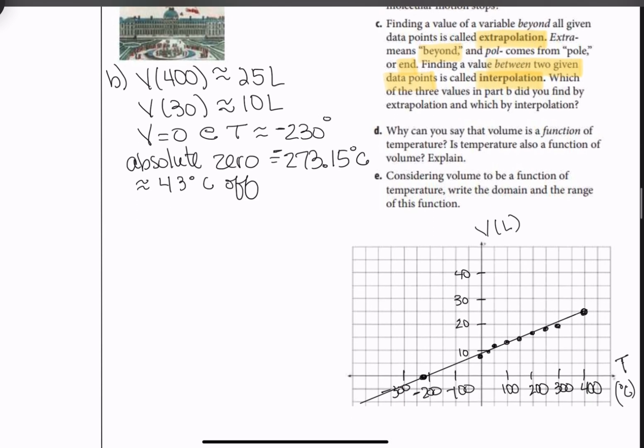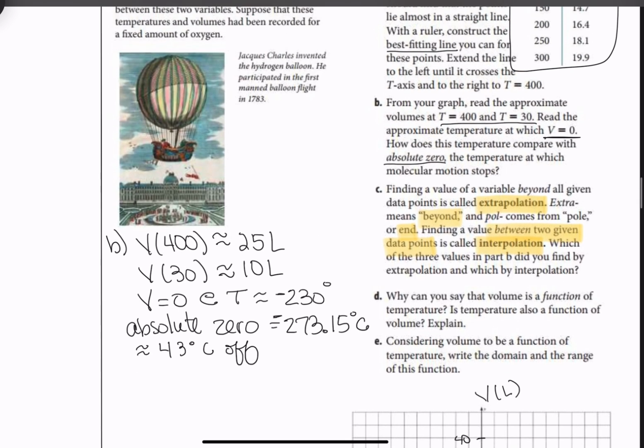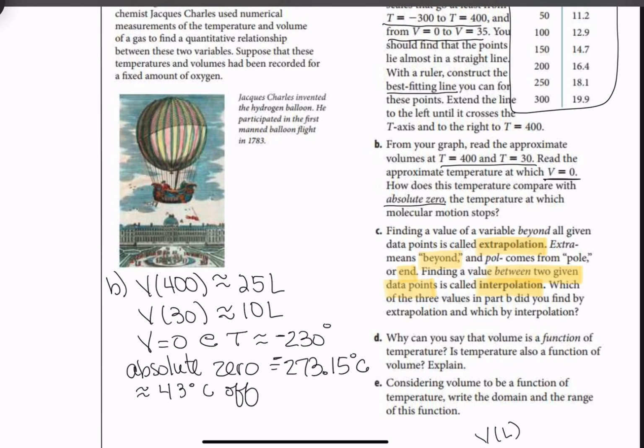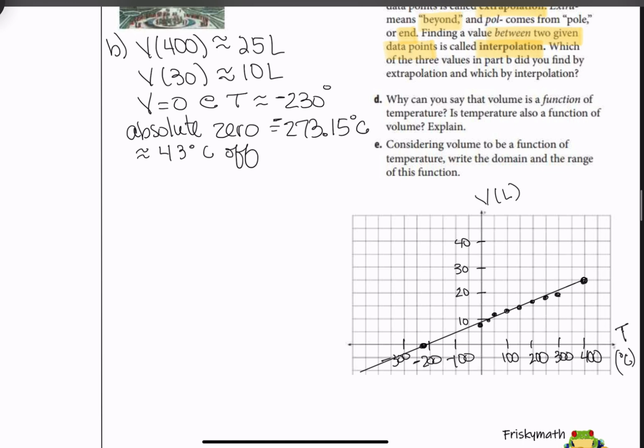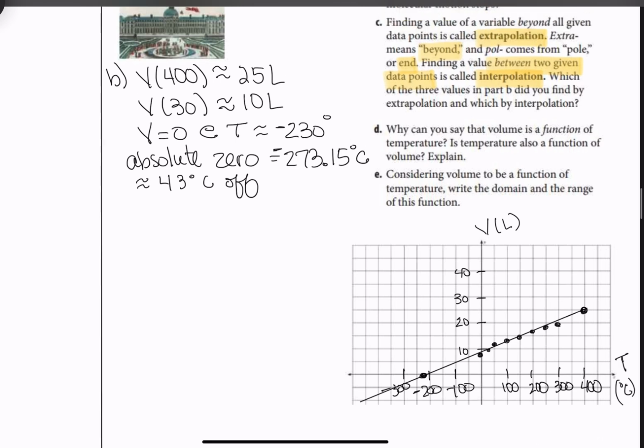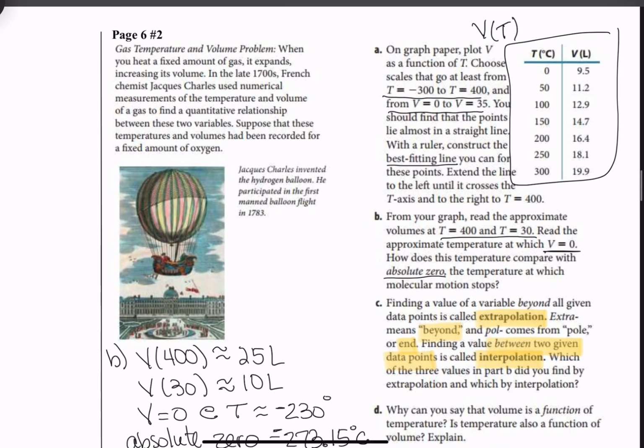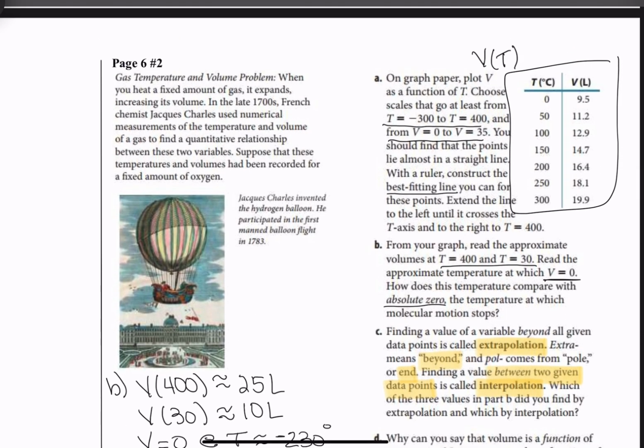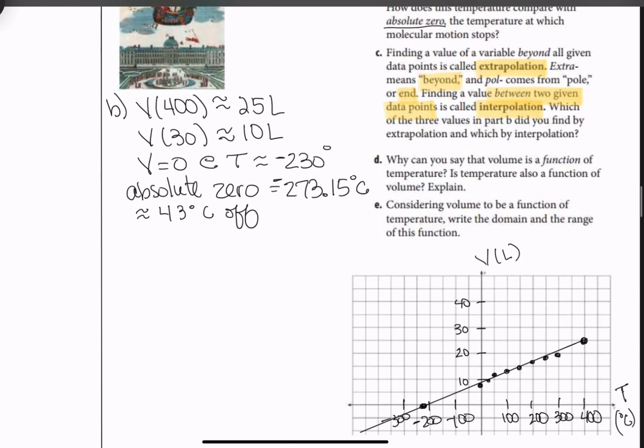Well, extrapolation, we went beyond the data points. We went beyond 300 degrees Celsius, right? So extrapolation was at the 400 degrees mark. And also, we went beyond this data in the negative temperature direction because we were only given data that started at 0, and we went all the way backwards to negative 300.